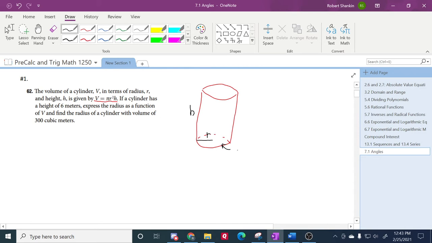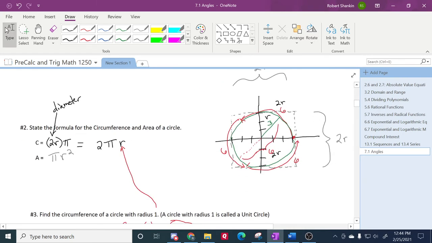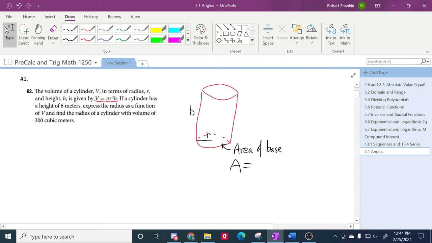Okay, and if we can find the area of the base of the cylinder, well, the area of the base is just the area of a circle, and the circle has radius r, and the formula for the area of a circle is area is equal to, we just had that, pi r squared. Two, pi and r are the three ingredients, but we need to put them so that we get a square unit for area.